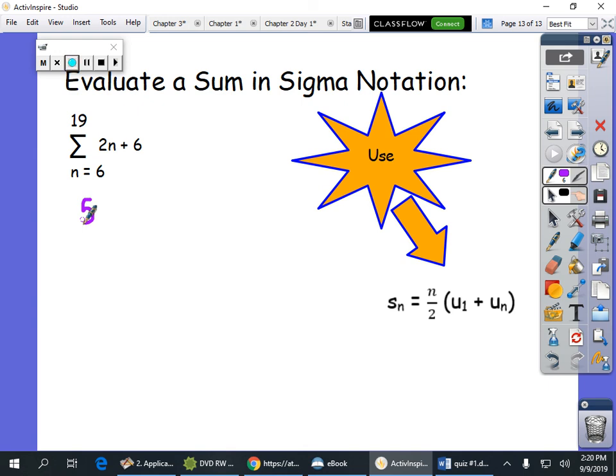Oh, so it's not 13 terms, it's actually 14. 6, 7, 8, 9, 10, 11, 12, 13, 14, 15, 16, 17, 18, 19. So a good trick is to decrease the bottom number by 1 and subtract them to determine how many terms there are. In the last one, 1 minus 1 is 0, so 12 minus 0 is 12. It works every time.